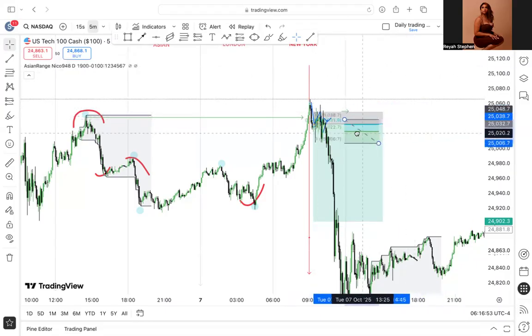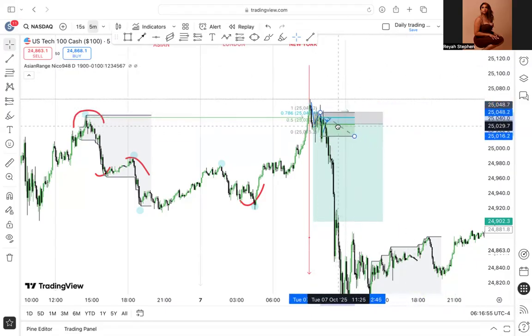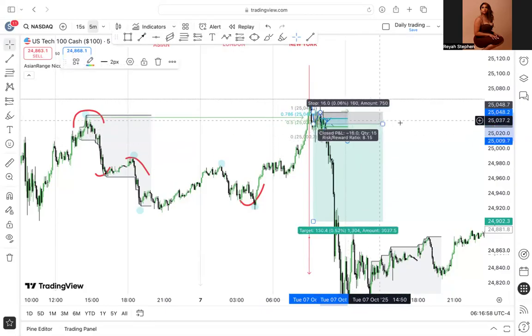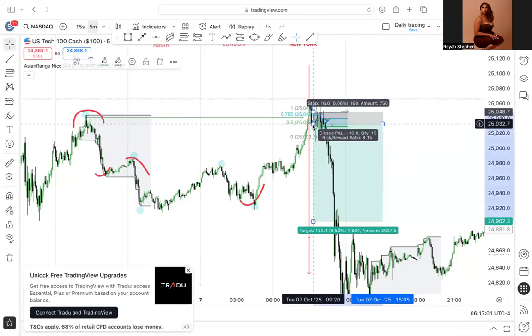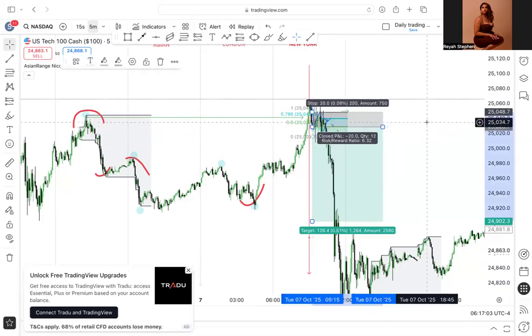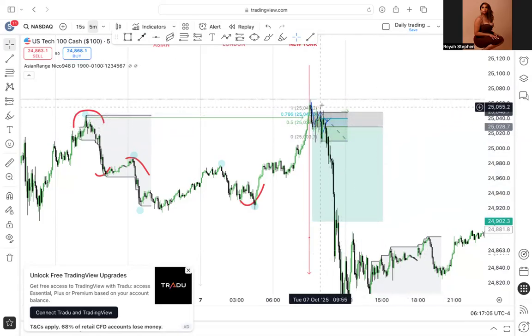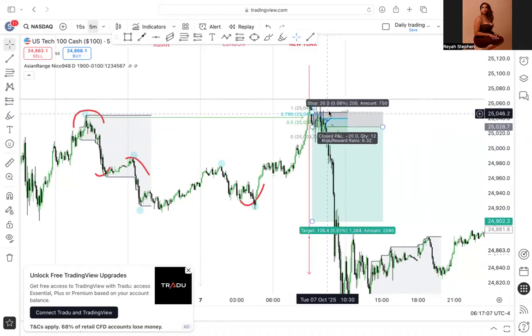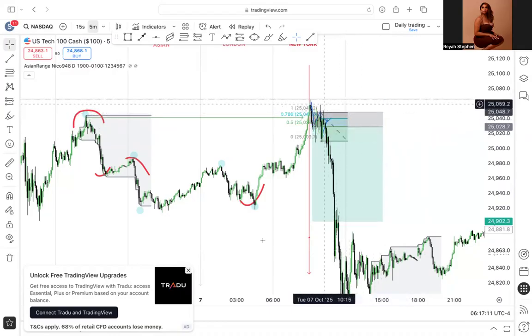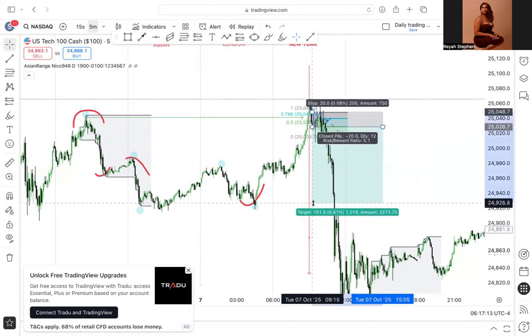So we've got this range on. We've drawn our range from this low to this high. And then we're entering at this 50% level. Stops above this high, this high of the range, whatever the range is on the 1 minute. We're targeting this low. Simple.